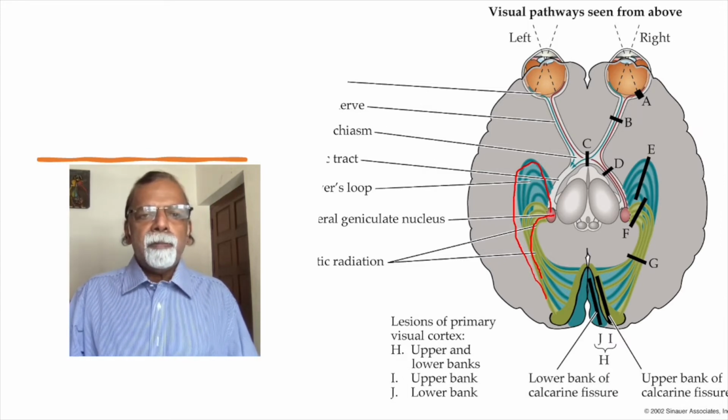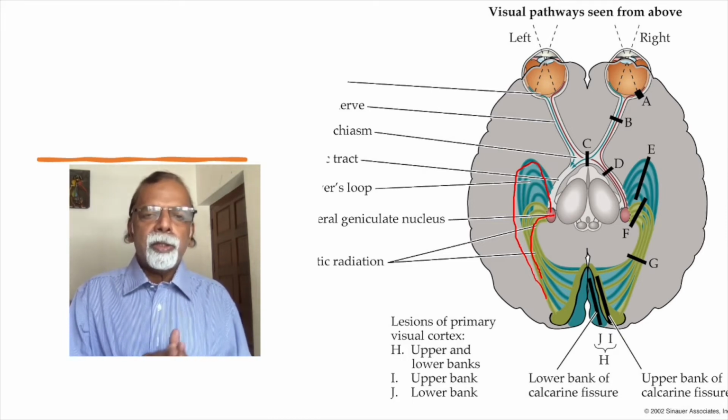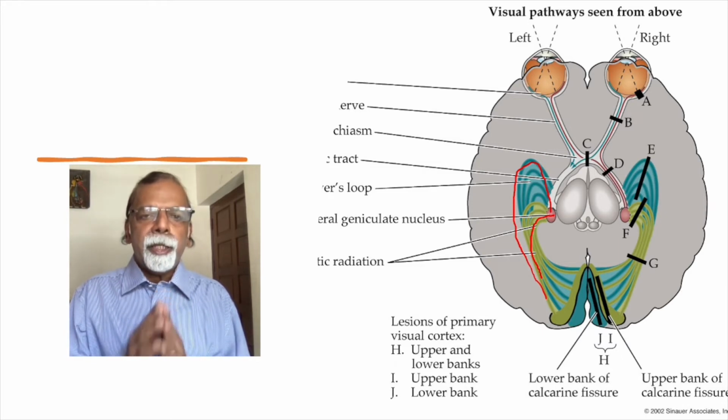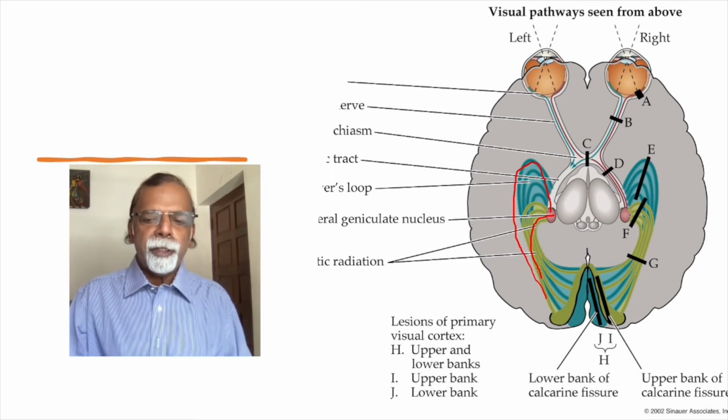The fibers passing through the temporal lobe are called the Meyer's loop, and the Meyer's loop for the temporal part is representing the upper part of the visual field. So if there is a lesion in the temporal lobe and the Meyer's loop is involved, you get a superior quadranopia. And in the case of a parietal lobe lesion, you get an inferior quadranopia.